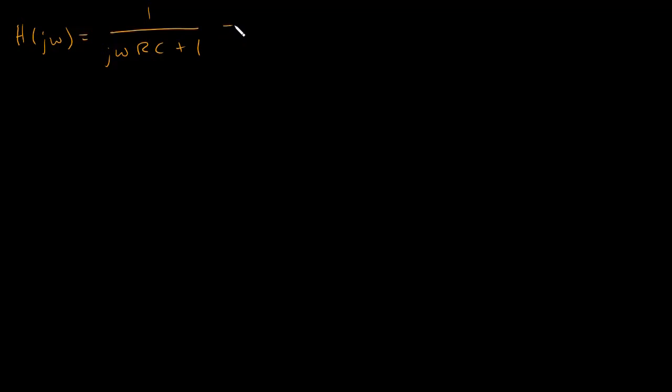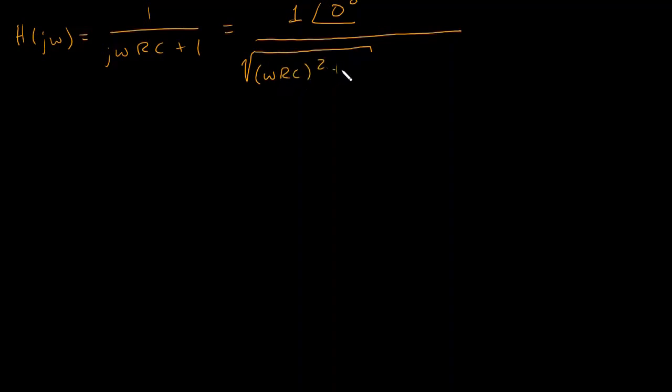Okay, so I can write this as 1, and I'll write 1 a little more clearly, at an angle of 0 degrees. Okay, that's pretty obvious. Divided by something that might take up a little bit more room. So I've got the magnitude of the denominator, and that's again the square root of the quantity omega RC, that quantity squared, plus 1. And then the angle, well, I've got to take the arctangent of something.